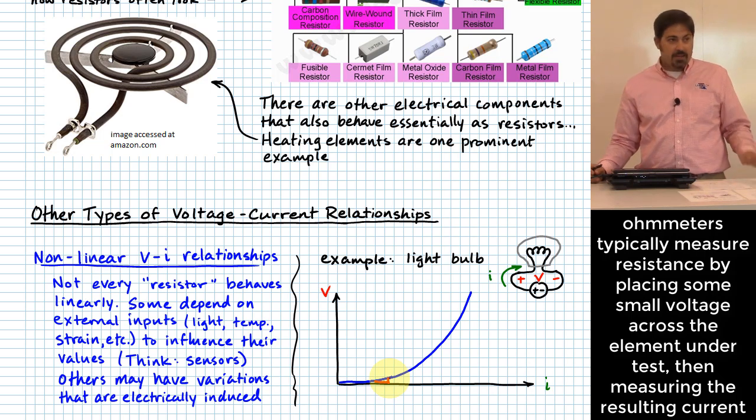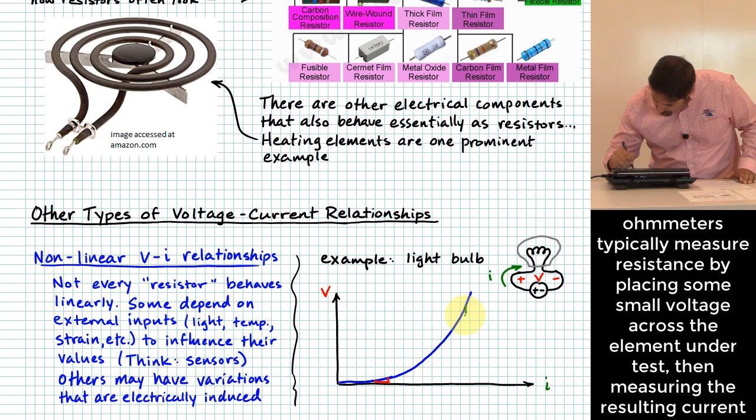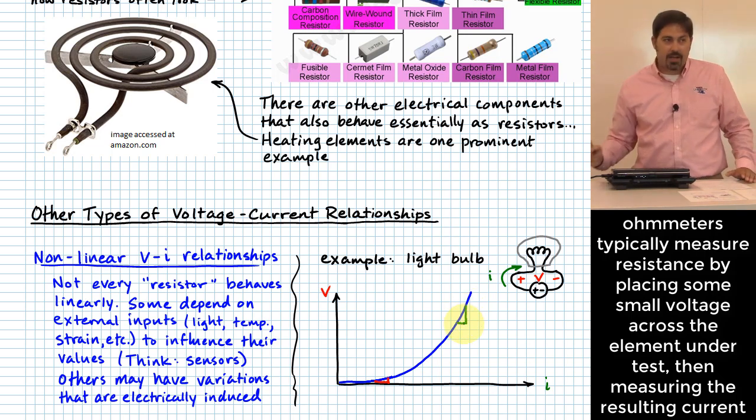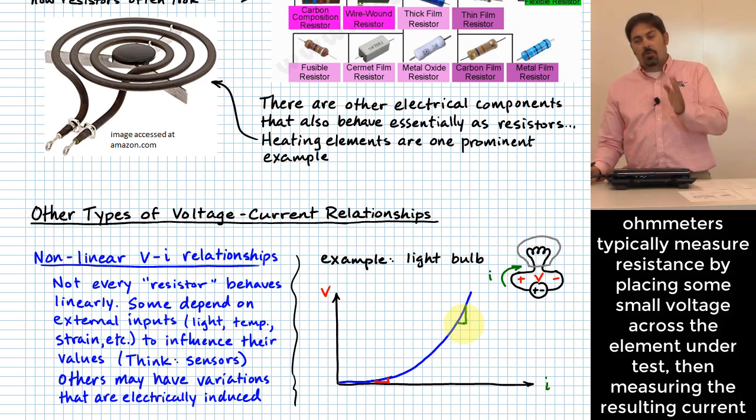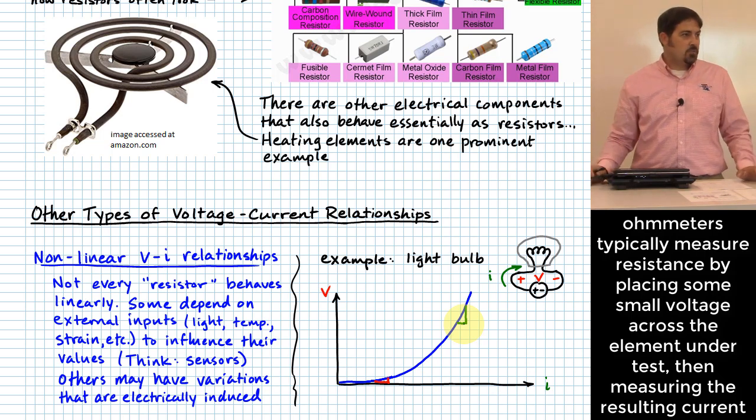Okay? But then you start introducing more voltage. Now, when you measure that slope, you're up here, right? And each additional amount of voltage you add is not going to push as much current per unit of voltage, right? And so that's why the light bulb behaves like it does.